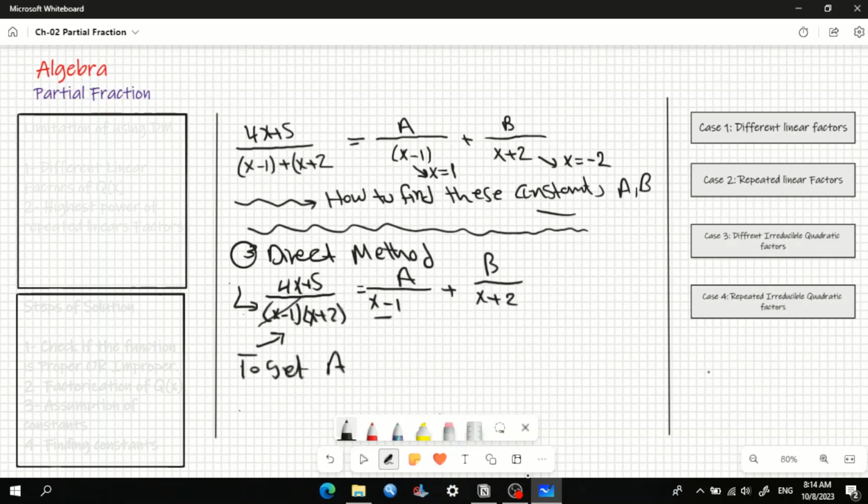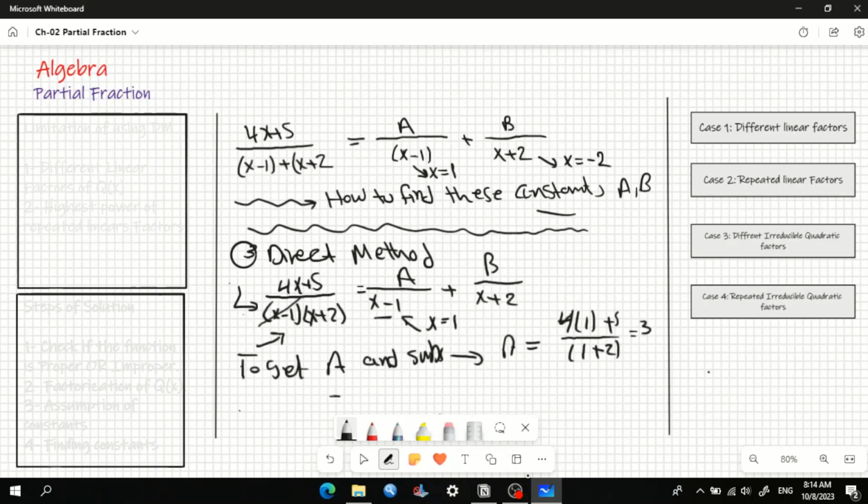We hide that and substitute by the zero of this factor, so x equals 1. To get a equal to 4 times 1 plus 5 by 1 plus 2, which is 3.